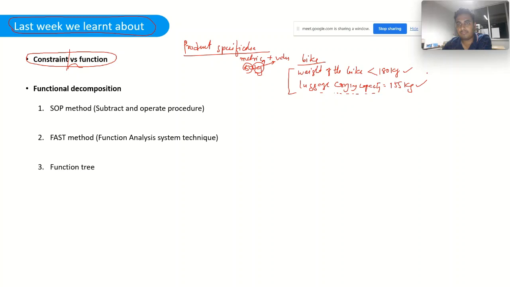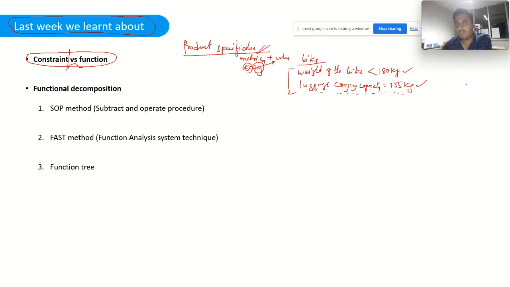The above one is restricting the weight of the bike with a metric value. That's why I consider weight of the bike less than 180 kg a constraint for designing the bike. Basically we define constraint and function from one perspective, that is, can we work on that particular specification?